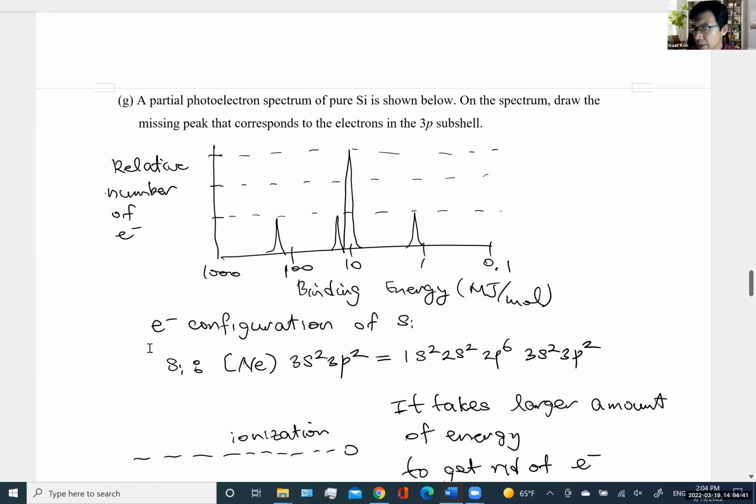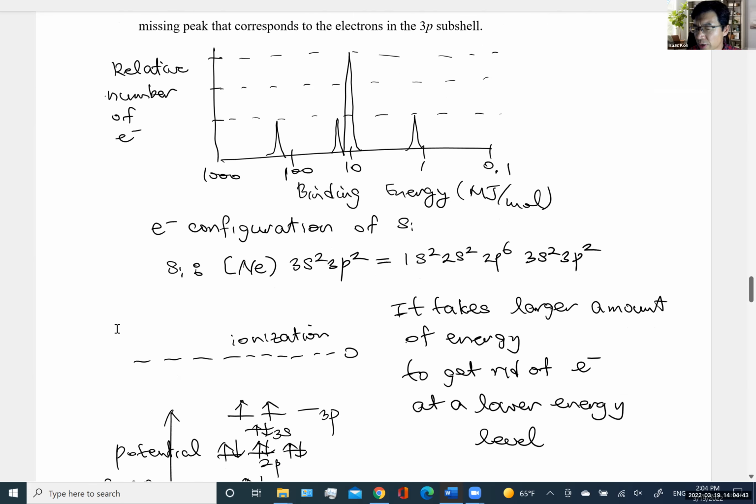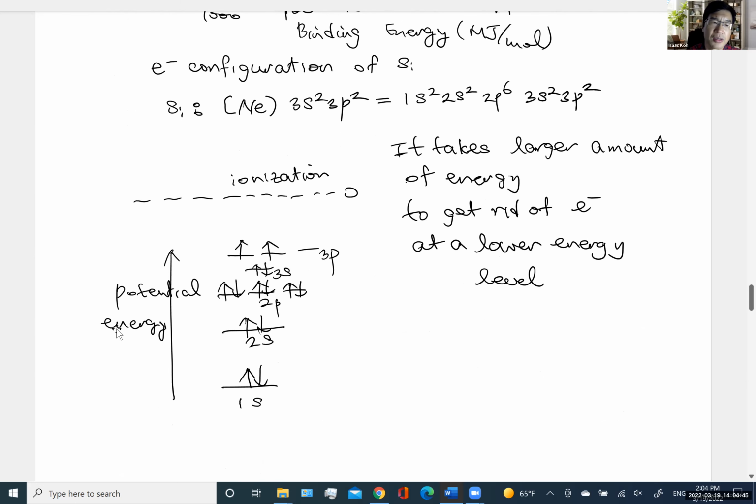Okay, so now let's think about the relative energy levels. Potential energy increases from the bottom up. Remember that potential energy in this case involves the electrons in the orbitals and the protons in the nucleus; it is always favorable between positive charge and negative charge, so the potential energy is all negative.